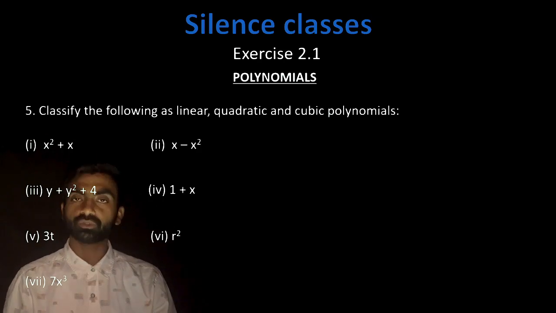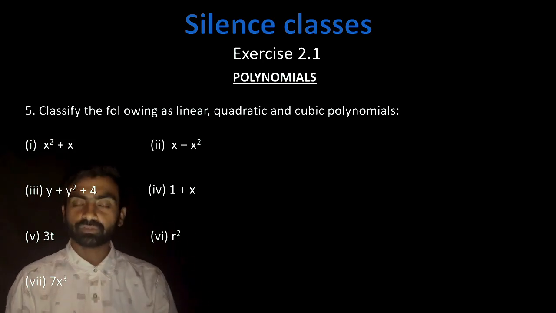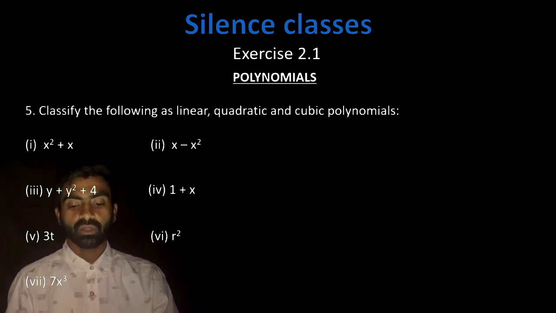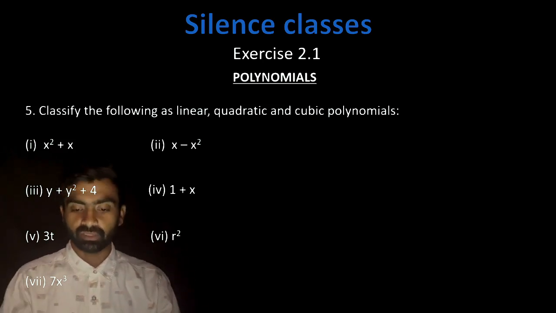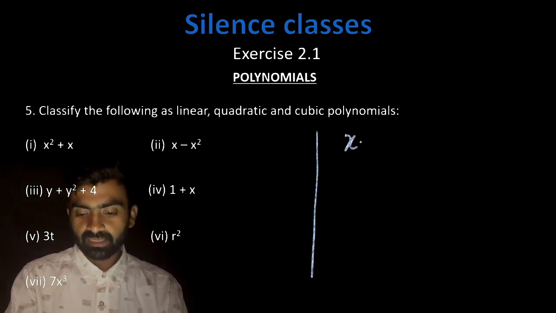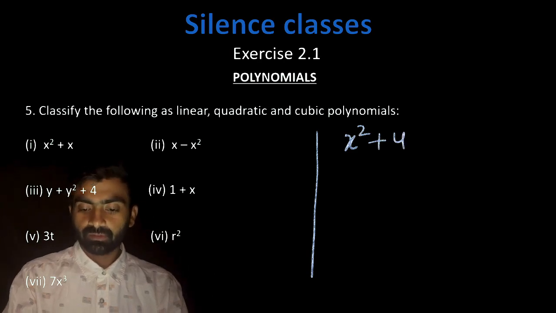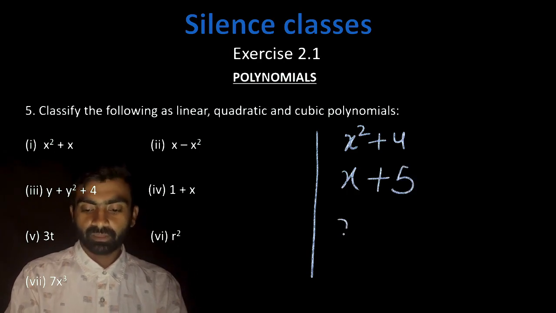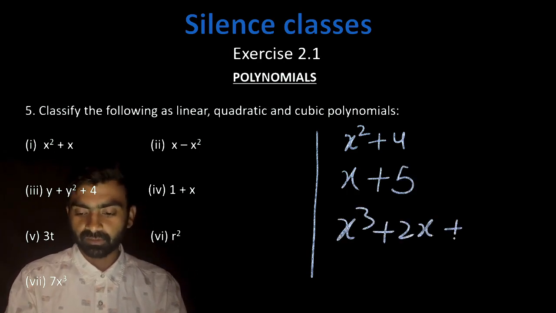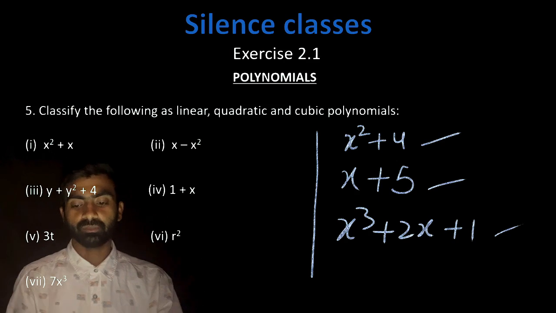Question number 5. The question is saying: classify the following as linear, quadratic and cubic polynomials. First of all I will explain what linear, quadratic and cubic polynomials are. Whenever any equation is given to you, like x square plus 4x, x plus 4, x cube plus 2x plus 1, these are the three polynomials given to you.